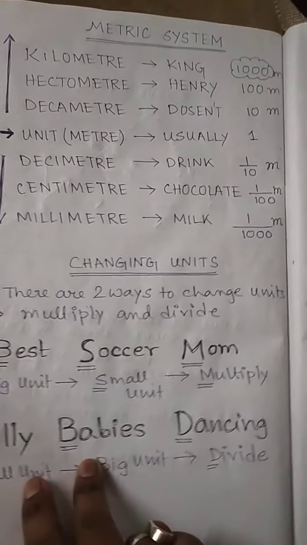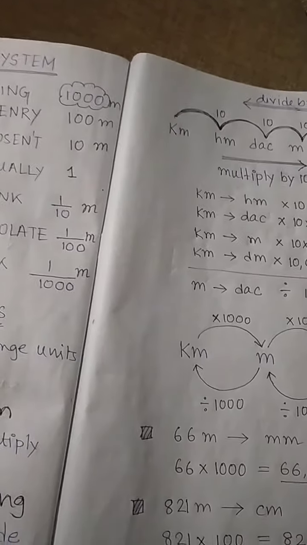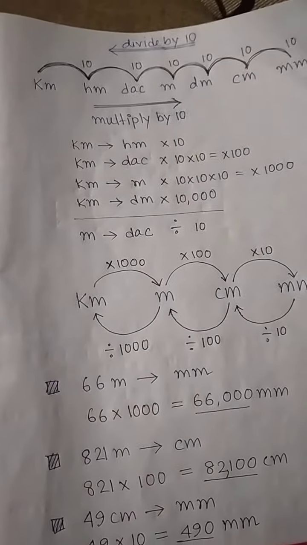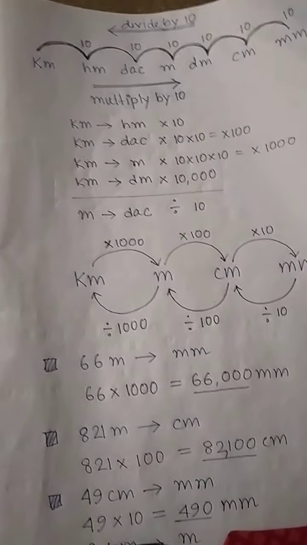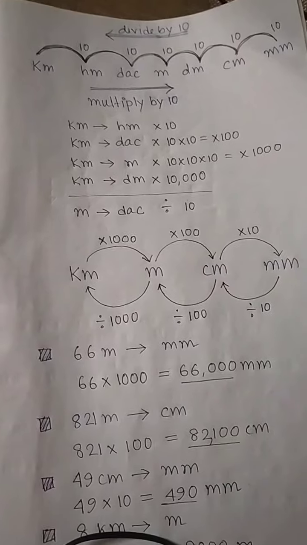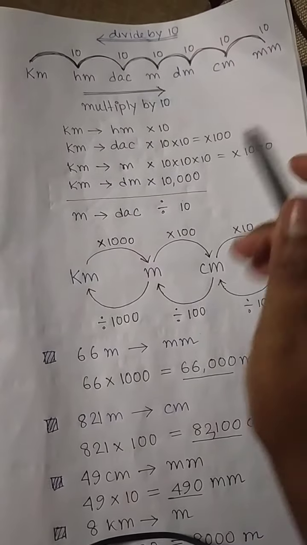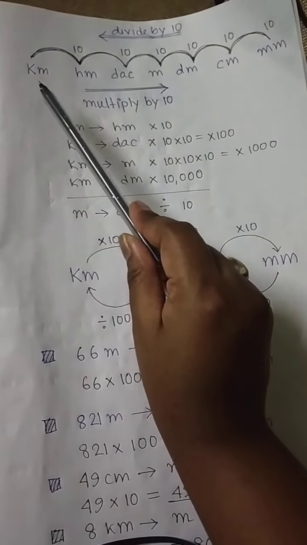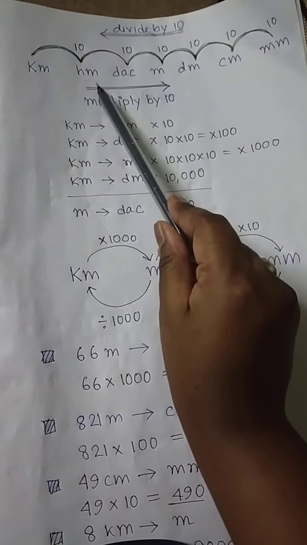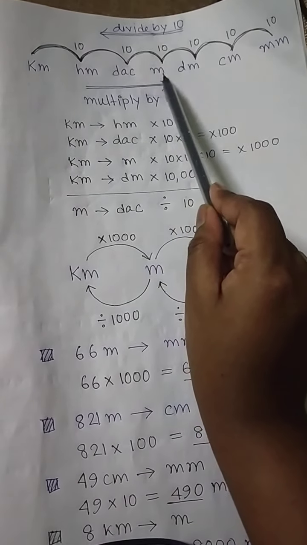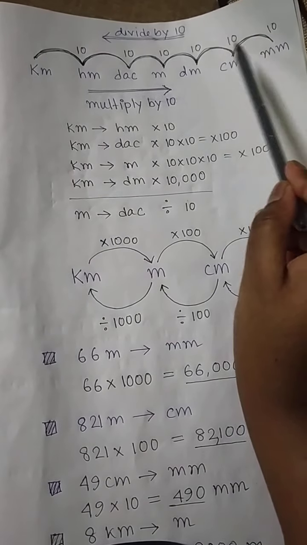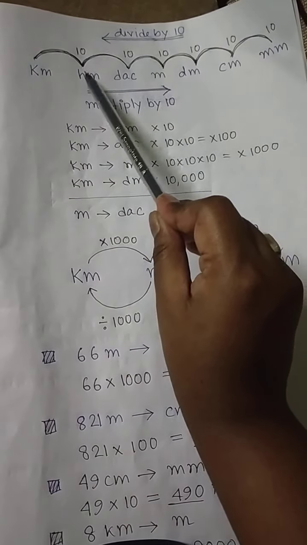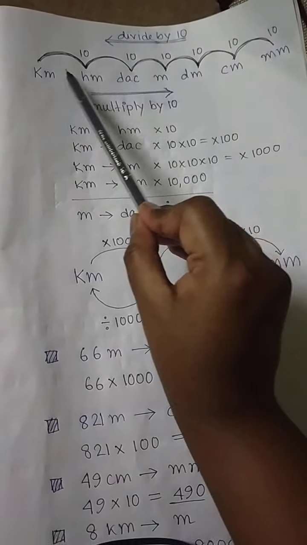Very good. Now let's see another table, where you have to divide and multiply, but with what? Here we take the table again: kilometer, hectometer, decameter, meter, decimeter, centimeter, millimeter. We have given the number 10 to each of these units.